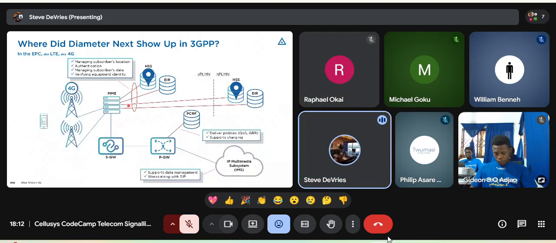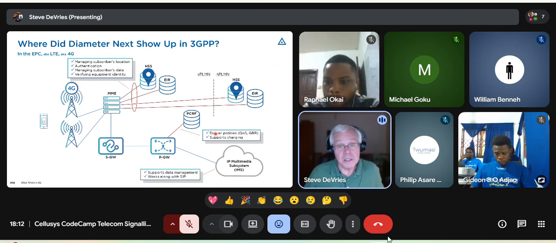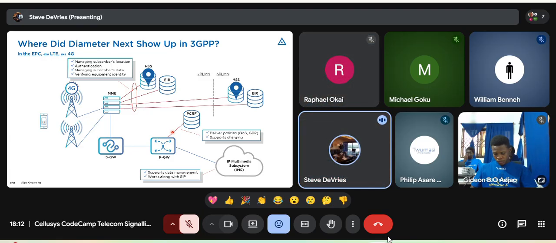So it's used in these types of environments also. It's also used here to deliver policies, things like guaranteed bit rate, things like quality of service. It also is used to support charging. So it has a lot of different applications in 3GPP.